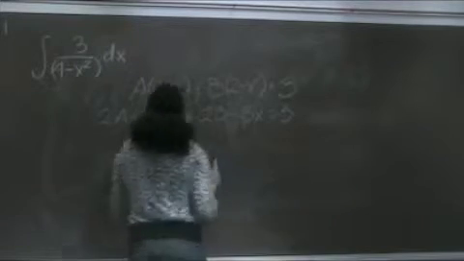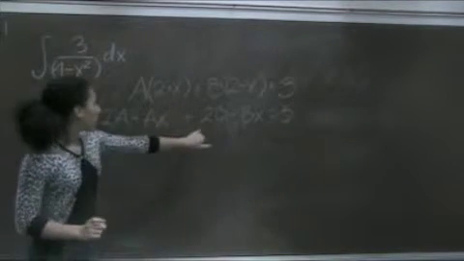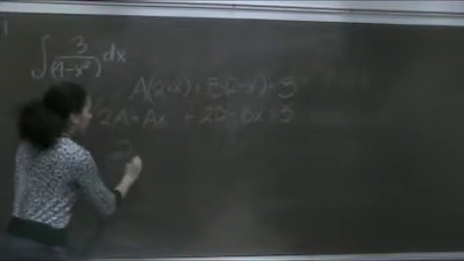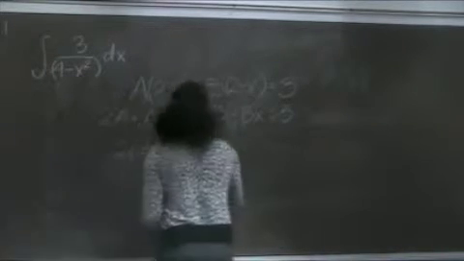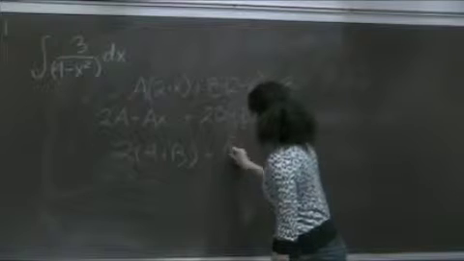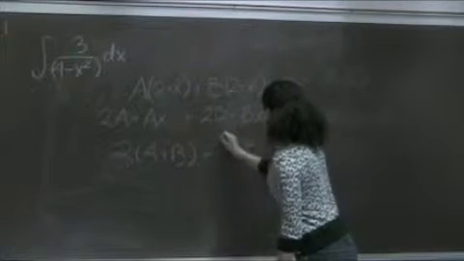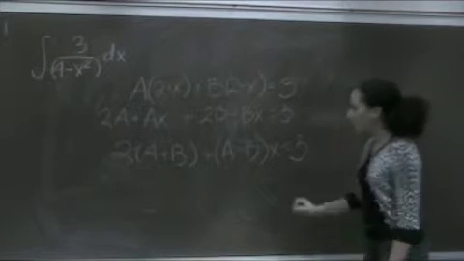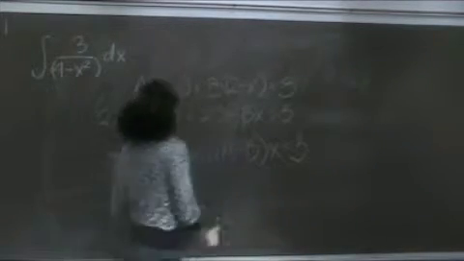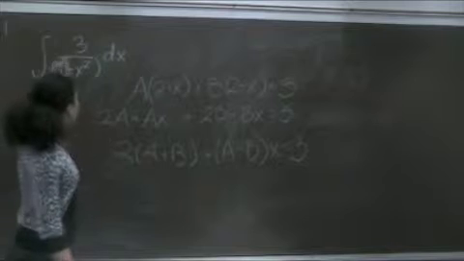Then we can group like terms. So the 2 times the A and B, plus B, plus the A minus B, times x equals 3.